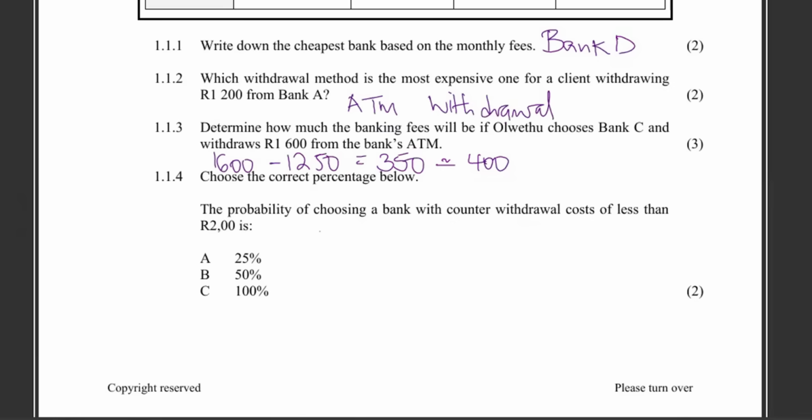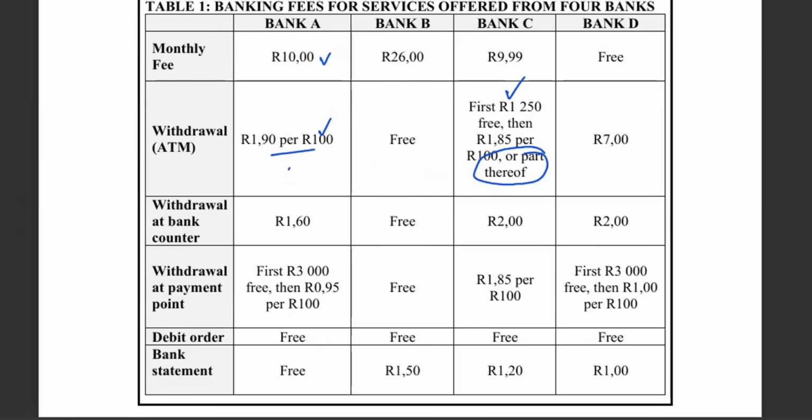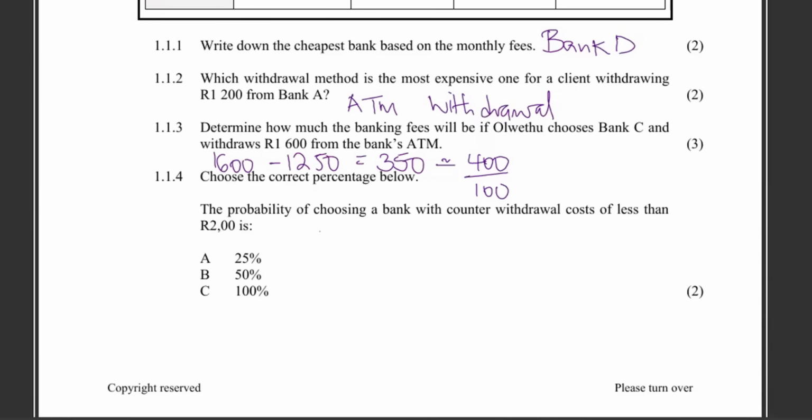So it becomes 400, and we divide this by 100, because we are looking for this statement here, per 100. Then times 1,85, and the answer here is 7 Rand 40 cents.